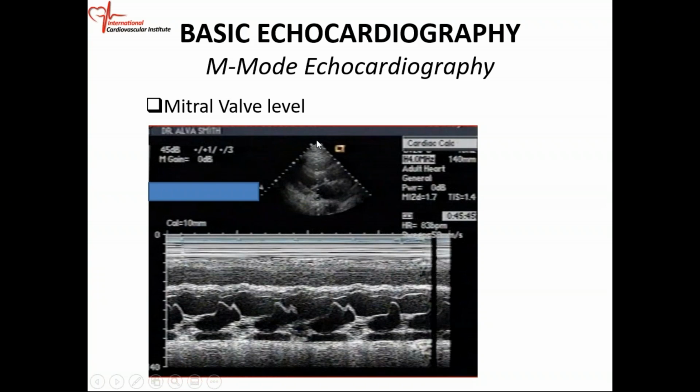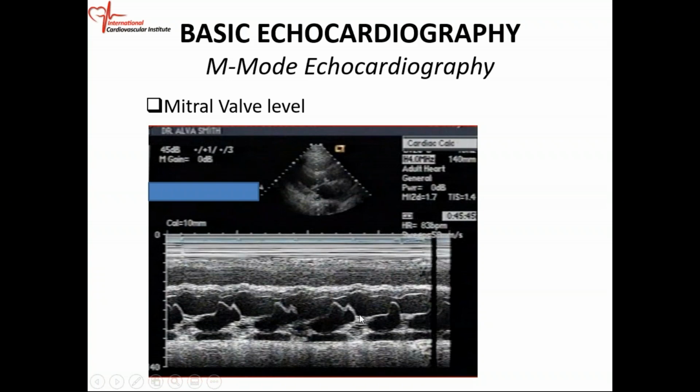The ultrasound is going to move through the structures that the cursor passes through. That is the chest wall, the pericardium, the RV wall, a little portion of the RV, a little portion of the septum, a little portion of the LV cavity, then the mitral valve. It's going to encounter the anterior leaflet of the mitral valve first, and then the posterior leaflet.